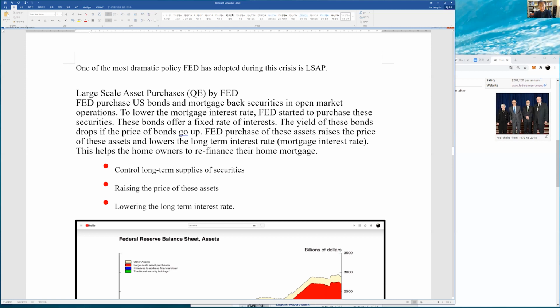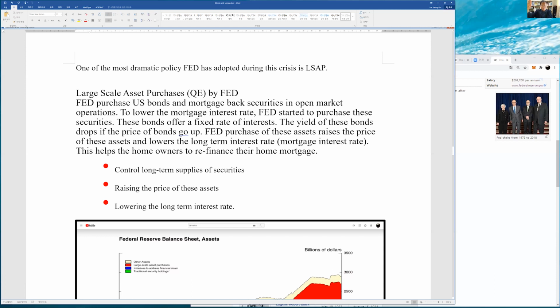And the yield of these bonds, the return of these bonds, is measured based on the amount of money to purchase the bond and the amount of interest money that you will get. The ratio of these two is basically the yield rate, right?